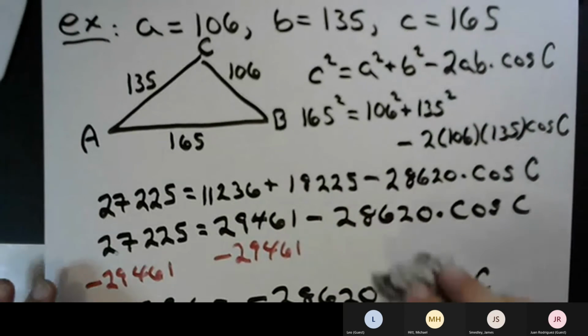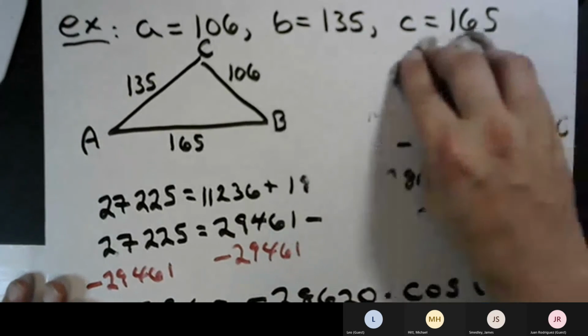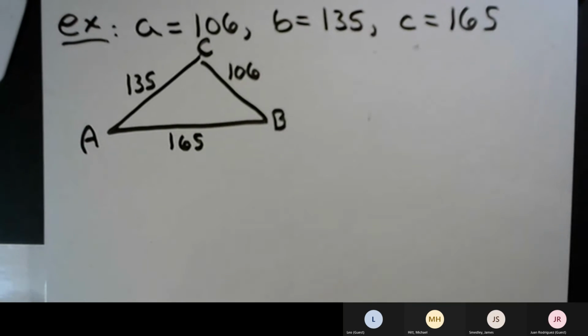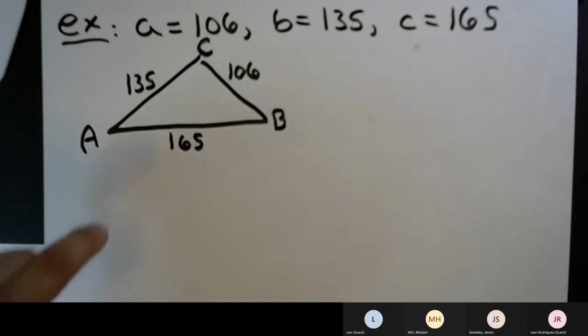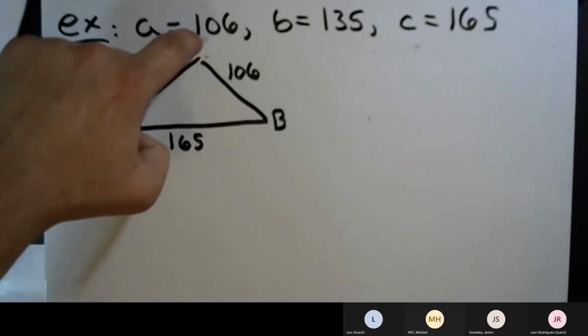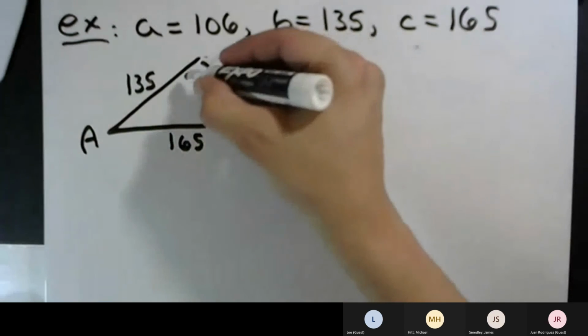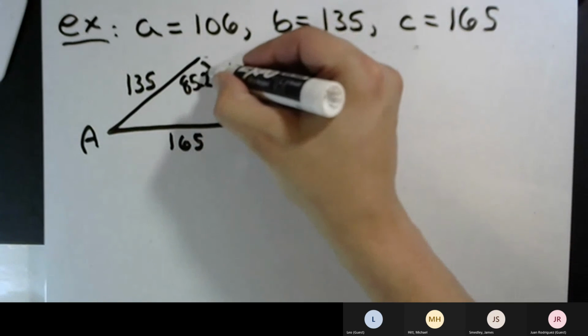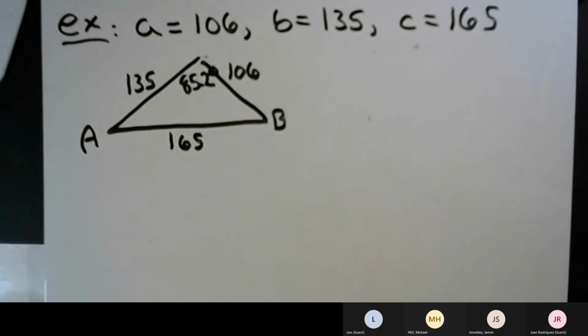Now the good news is we don't have to use the law of cosines. It's a pretty intricate formula. So we found angle C, that's 85.2 degrees. Squeeze that in there. Now what we're going to do is we can actually use the law of sines.